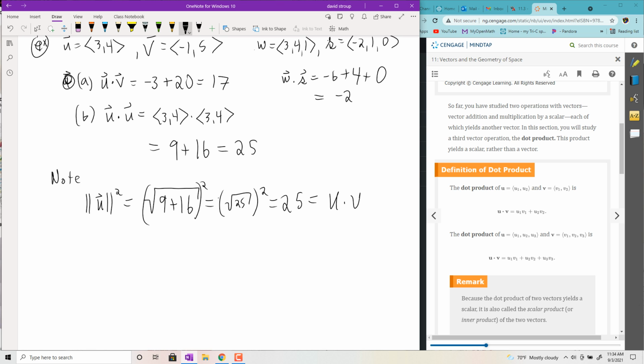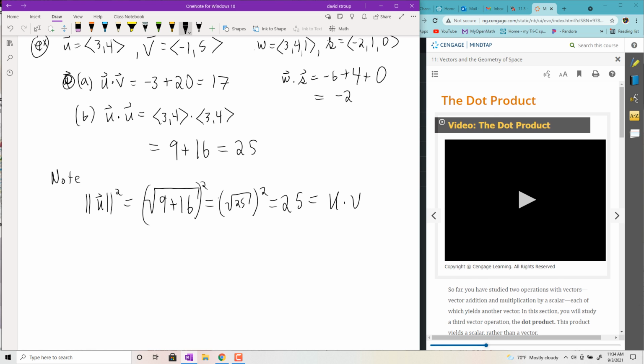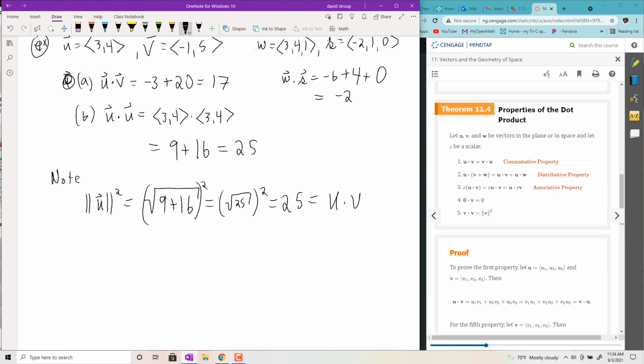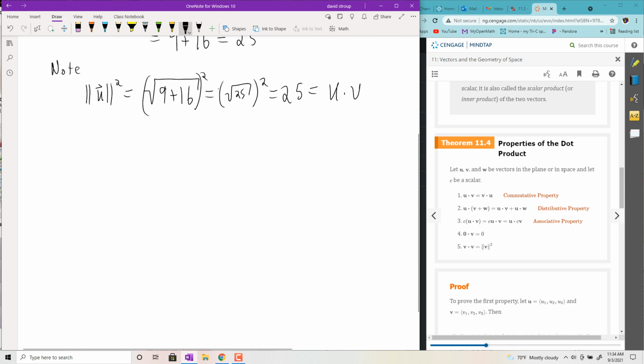Anyways, there's going to be a bunch of kind of properties of the dot product, just like we had with properties of vectors before. So this is from theorem 11.4. And you have your basic ones like the commutative property of the dot product. U dot v is the same as v dot u.